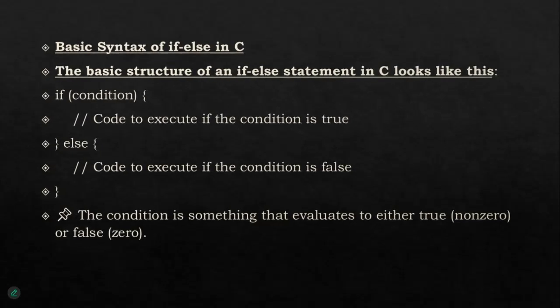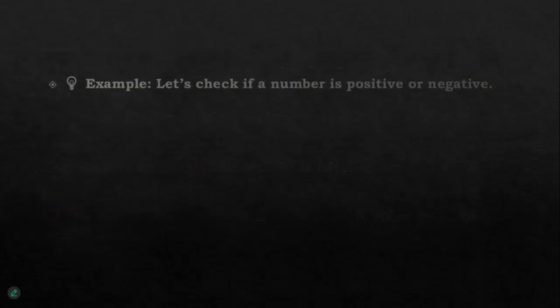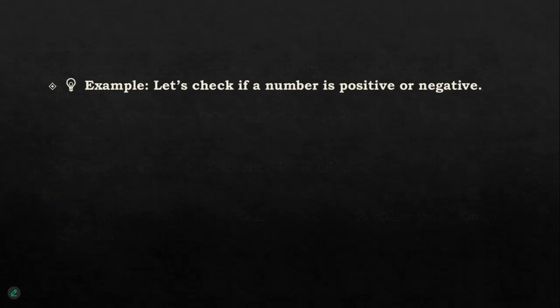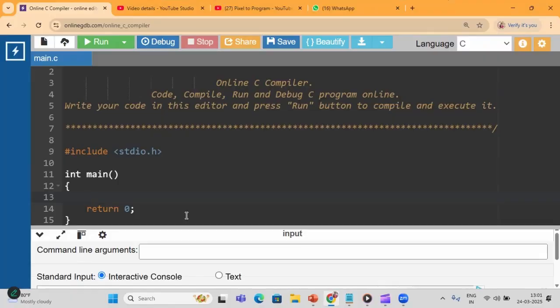Next slide. Now we will discuss it with a real life example. Let's check if a number is positive or negative. We have to write a program to check whether a number is positive or negative. So let's start.